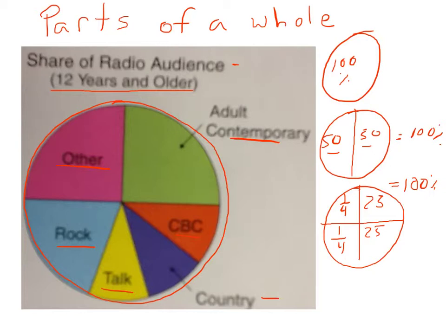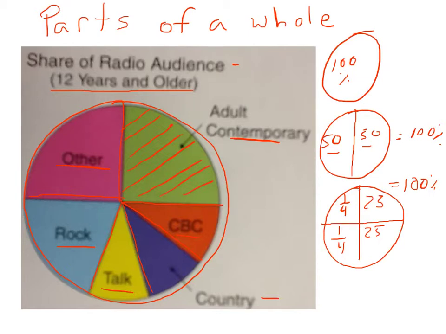Now when you look at this chart, you can see that it's been divided into various sizes of different pieces. And so this chart is showing us the parts of a whole in this survey. When we look closer at it, we can tell that the adult contemporary choice was probably one of the most popular ones, along with one other, because it took up the most amount of space inside this pie chart or circle graph.